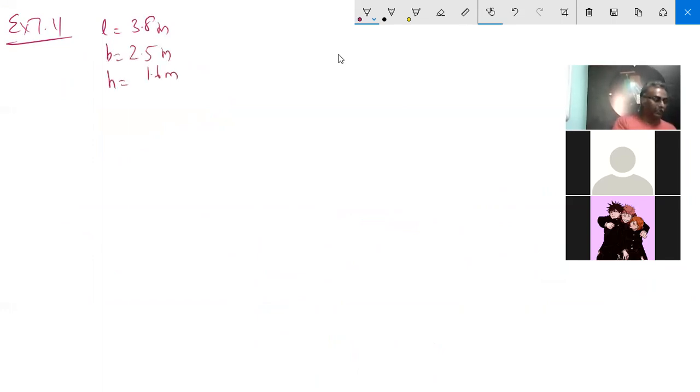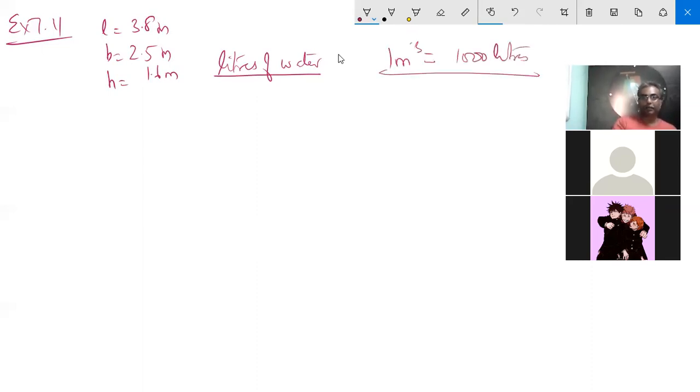How many liters of water can it hold? Now see, liters of water is what it is asking. I told you 1 meter cubed is equal to 1000 liters. So you should first find in meter cubed, then multiply by 1000 in order to get the liters.